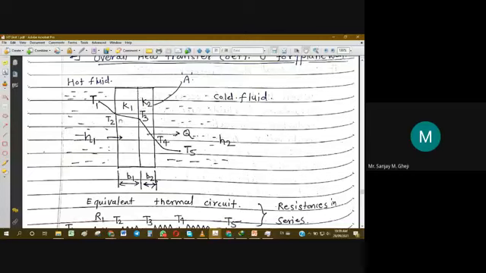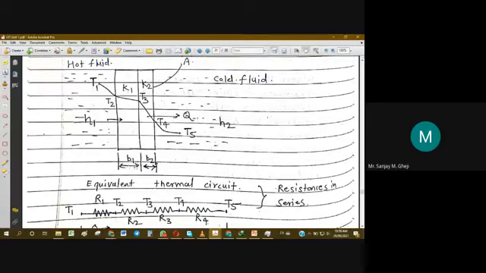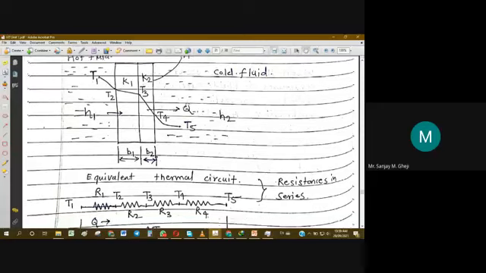All these will be in decreasing order, and this indicates the temperature gradient. Thicknesses are different: B1, B2. The conductivity of the material for this plate is K1, and the conductivity of this material is K2. Let us say the amount of heat transfer is Q, which is passing from the inside fluid to the outside fluid.